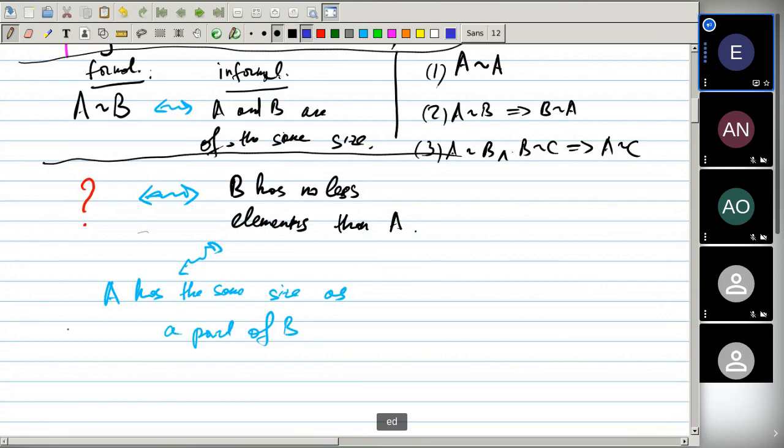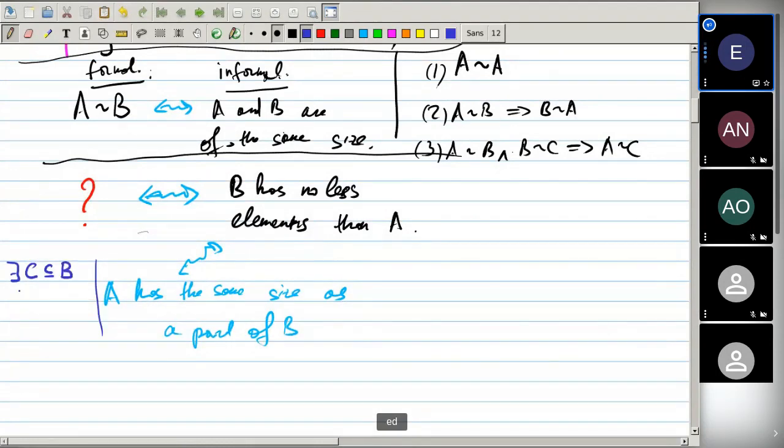Formally that would mean something like this. The part of B is realizable as a subset.